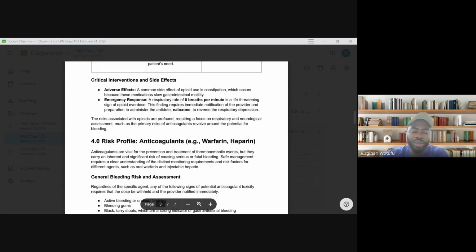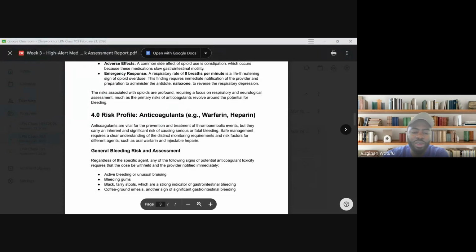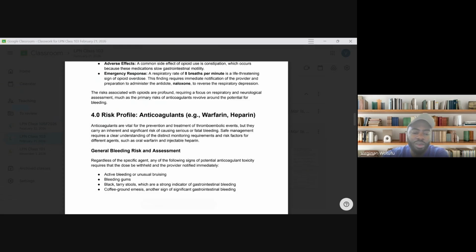So it's important to assess if the patient is actively bleeding or has unusual bruising, right? You check for bleeding gums. Those are the assessments before administration. You also check for black tarry stools, which are an indication of GI bleeding.